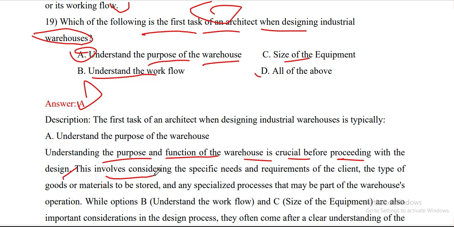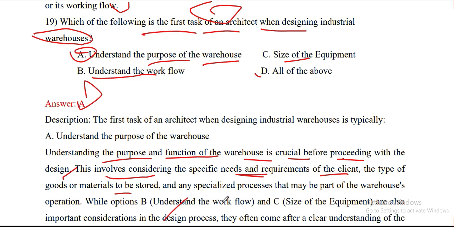This involves considering the specific needs and requirements of the client, the types of goods or materials to be stored, and any specialized processes that may be part of the warehouse. Option B, understand the workflow, and option C, size of the equipment, are also important considerations in the design process, but at first, option A is best.